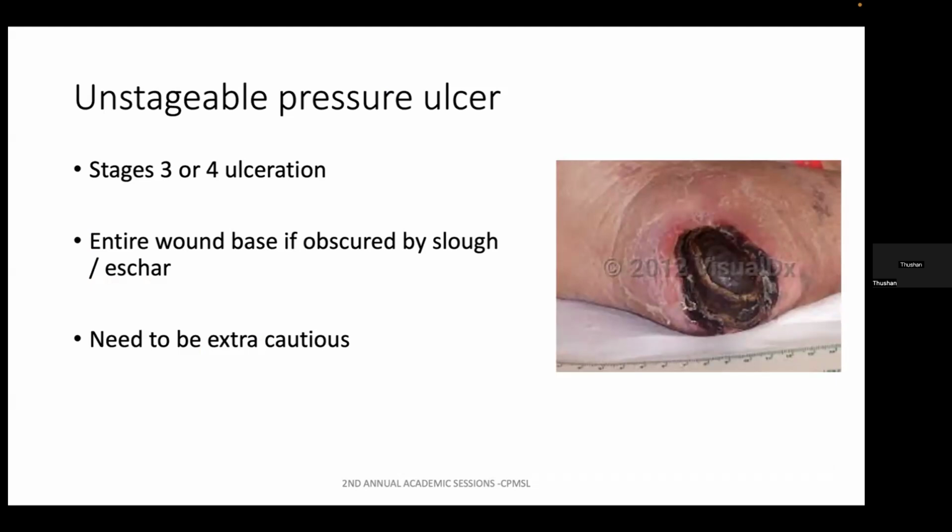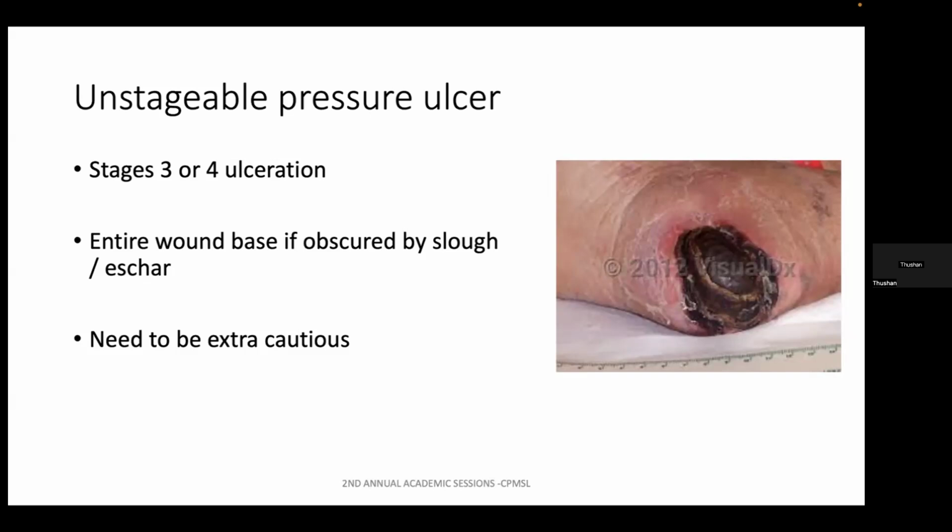The center is necrotic, and it's not very clear as to what is happening underneath. It could be the dermis being involved only, or it could well be the fat being involved as well, or it could be a stage 4 ulcer. So definitely, to get this amount of necrosis, you're looking at a stage 3 or stage 4 ulcer.